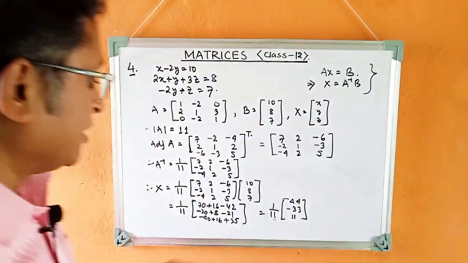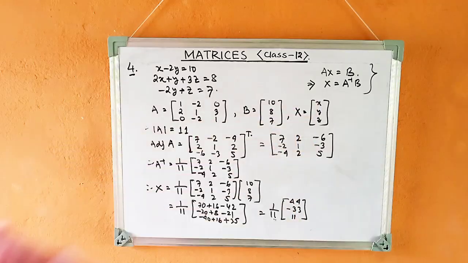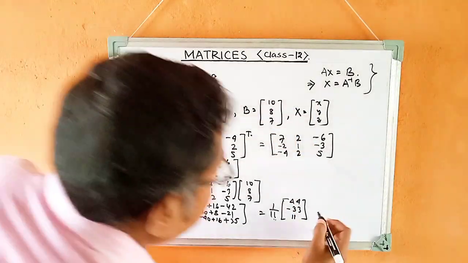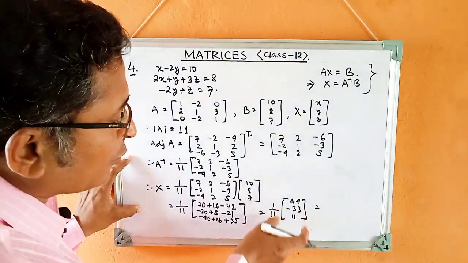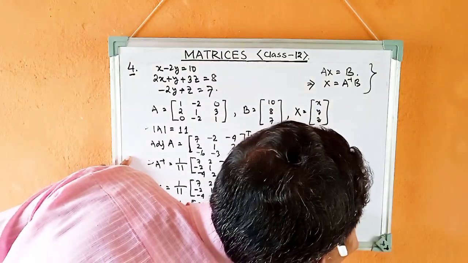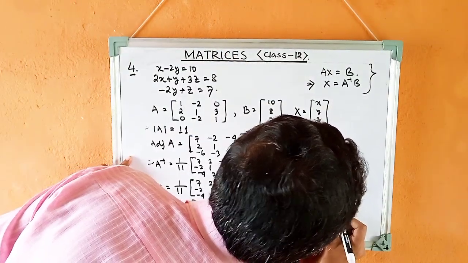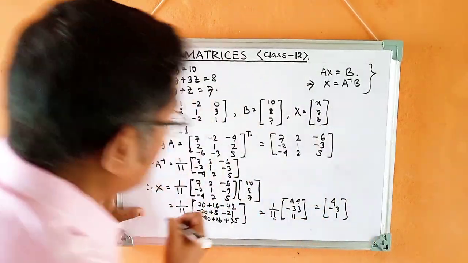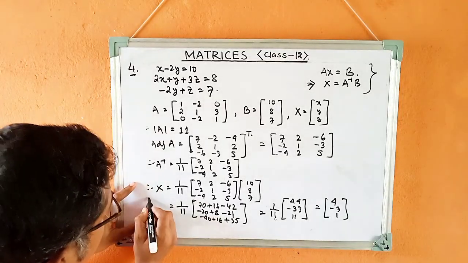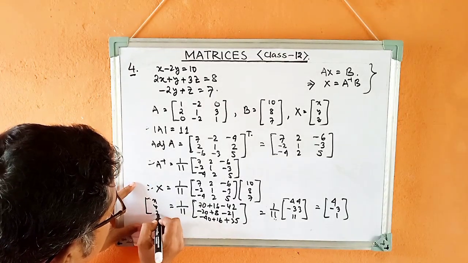Now see what happened. X means x, y, z. After multiplication, 1 by 11, each and every element, we get 4, minus 3, 1. So here X means x, y, z.